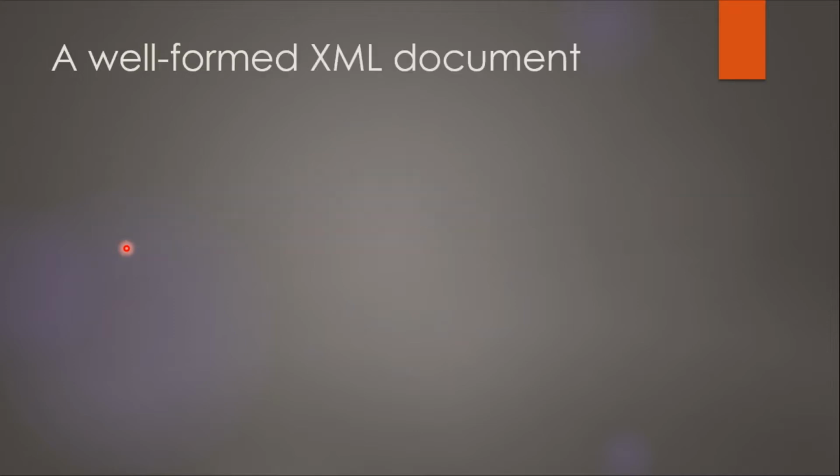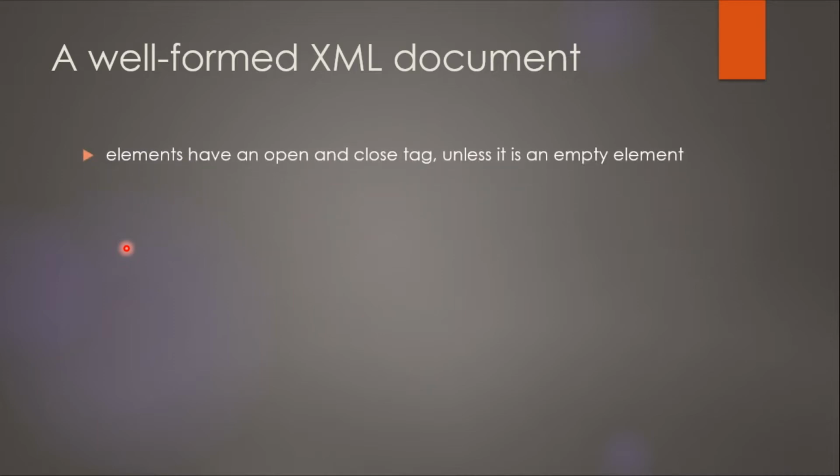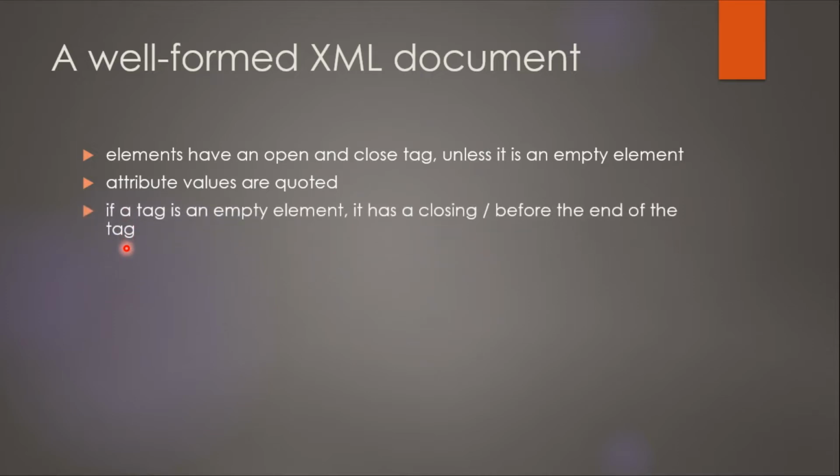Now the next is a well-formed XML document. Elements have an open and close tag unless it is an empty element. Attribute values are quoted. If the tag is an empty element, it has a closing slash before the end of the tag. Open and close tags are nested correctly.